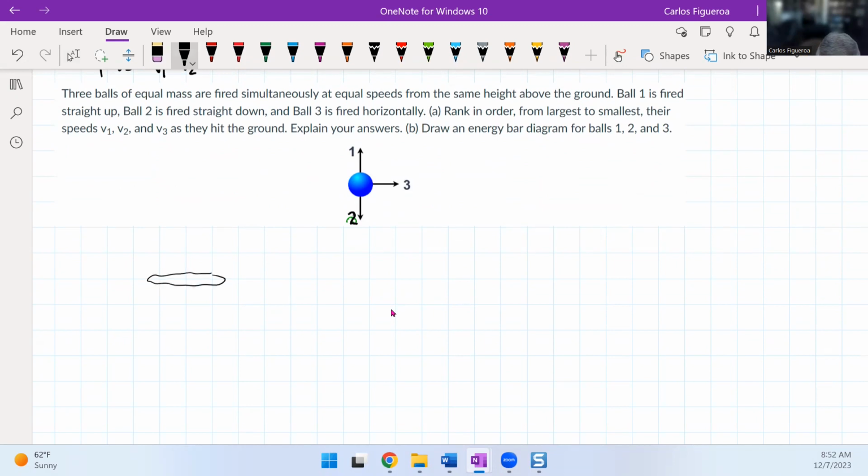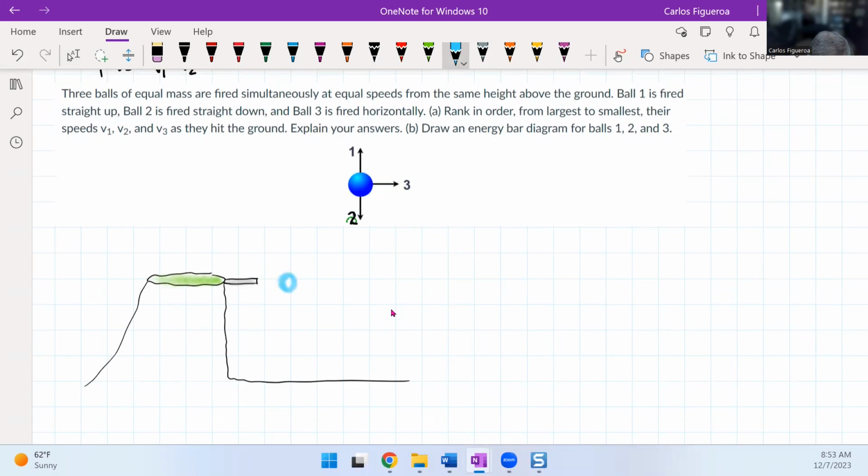So I imagine that we have some cliff, and maybe some type of platform that we can actually shoot these balls from. The first thing I'll do is color these balls different colors to identify them.